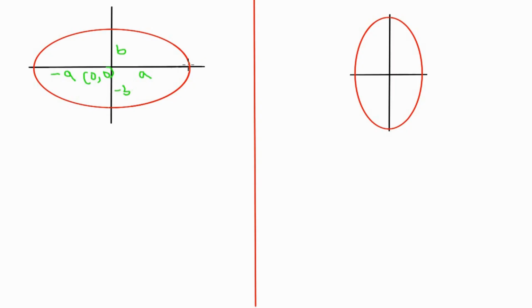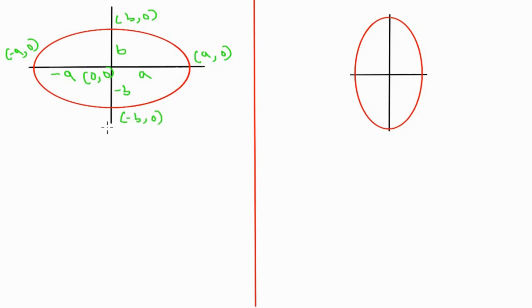Thus, the coordinates of this point are positive a, 0, and the coordinates of this point are negative a, 0. Same thing applies to the vertical part. The coordinates of this point are going to be 0, b, and for this one, that's going to be 0, minus b.